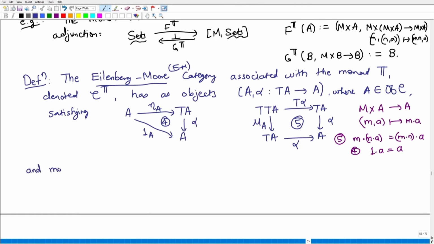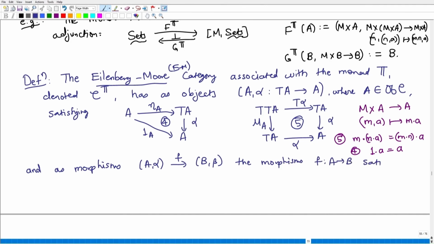As morphisms from A alpha to B beta, the morphisms F from A to B satisfying the obvious diagram.